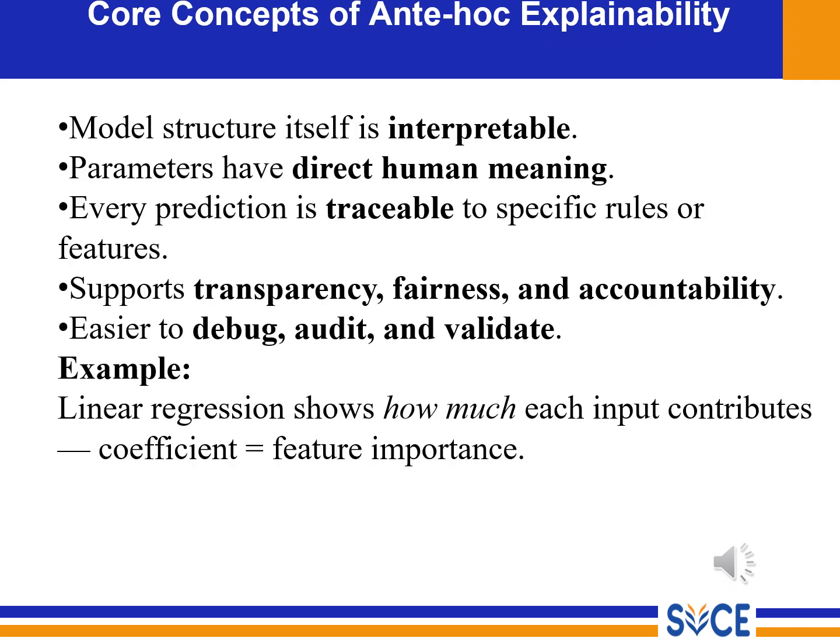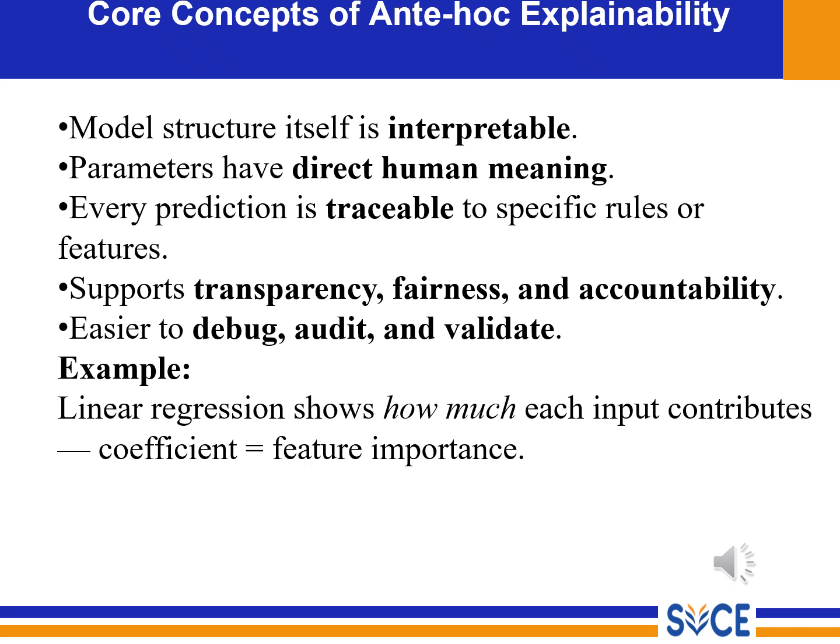Now let us see the main characteristics. First point, the model structure itself is interpretable. The second one is that the parameters have direct meaning. So every prediction can be traced via specific rules or features.